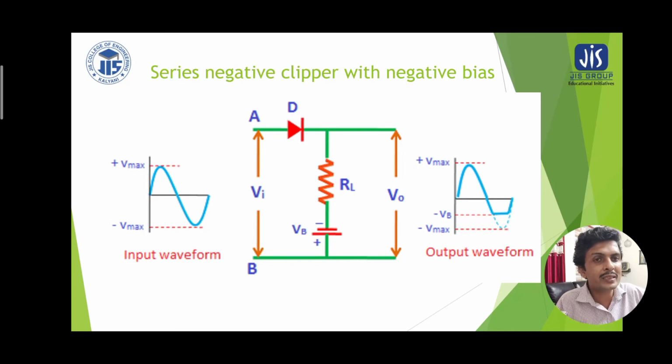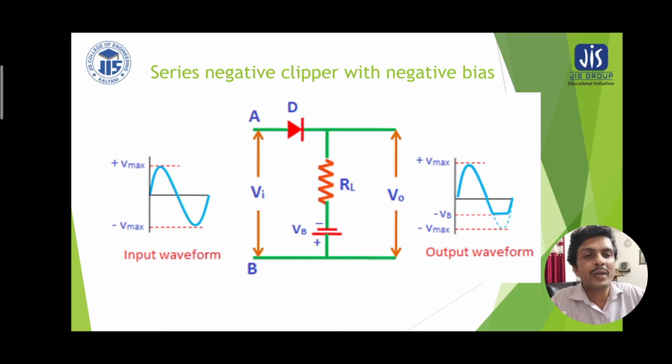The bias voltage has the negative terminal at the top, that is why it is a negative bias, and the output is constant when the diode is off. The diode is off when the input voltage is smaller than minus Vb. So when the input falls below minus Vb, only for that part of the time the diode is off and the output is latched to the negative voltage of the battery.